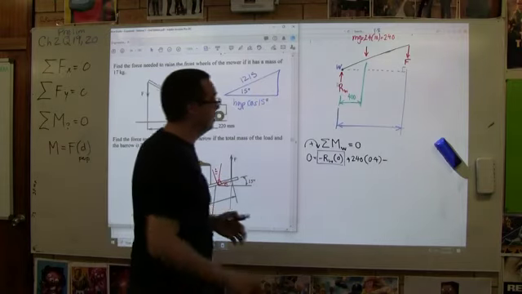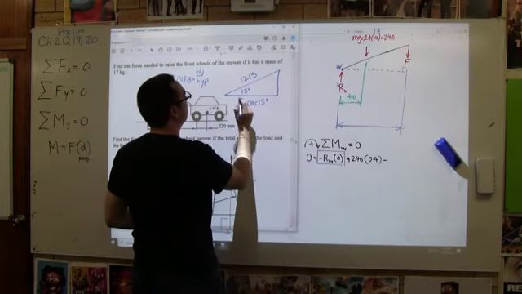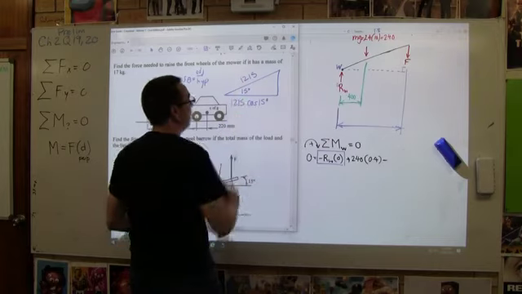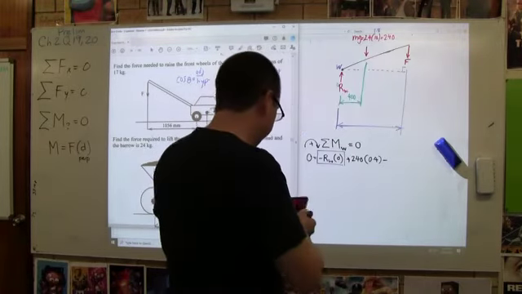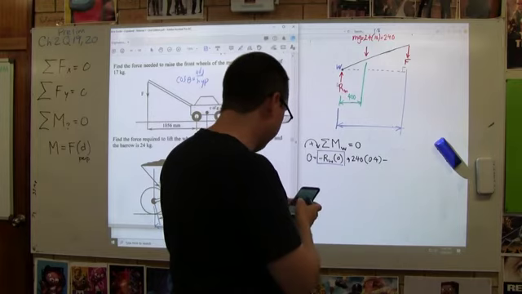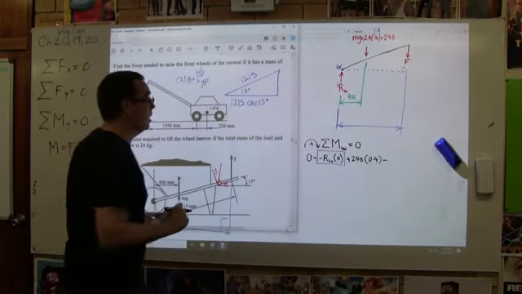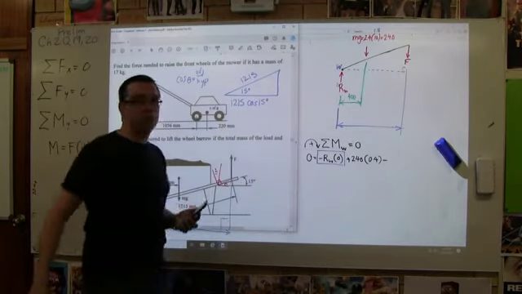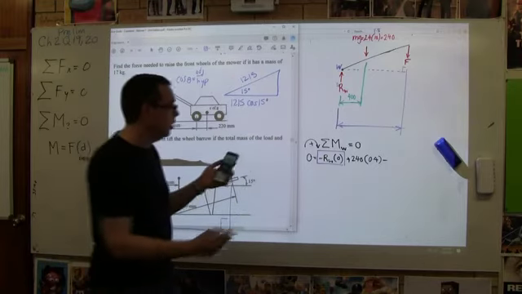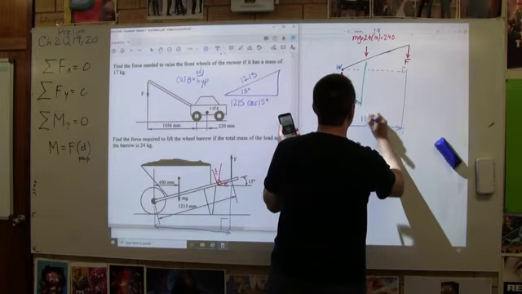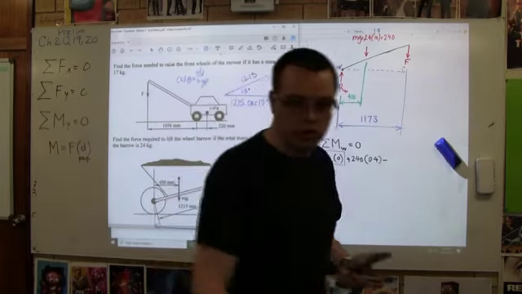So if our hypotenuse equals 1215, then our distance is 1215 cos 15 equals... This is a good place for some estimation. This number has to be smaller than the hypotenuse. So when I write down 1173, I feel good about that value because it is indeed smaller than the hypotenuse.